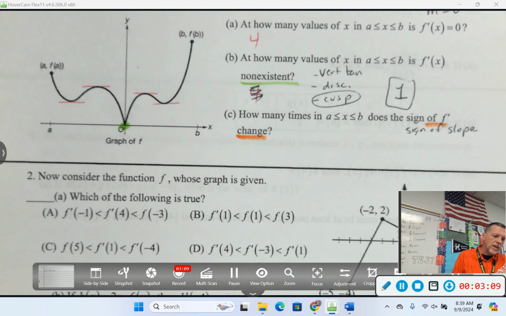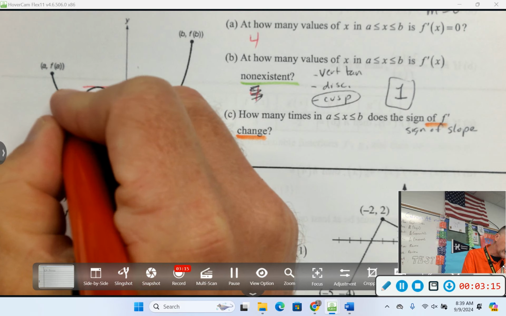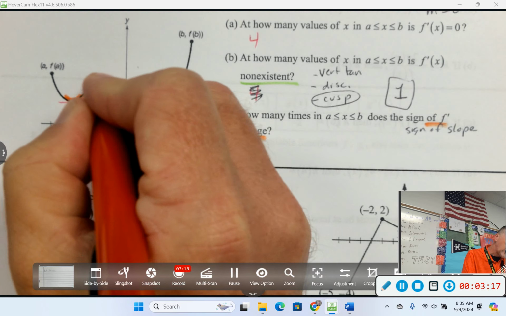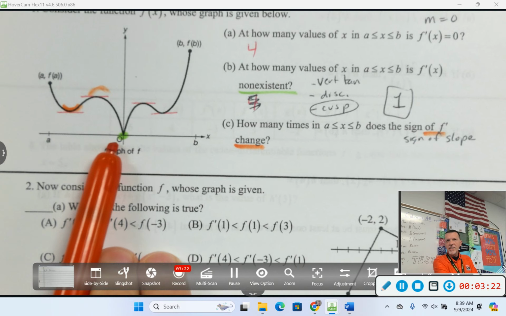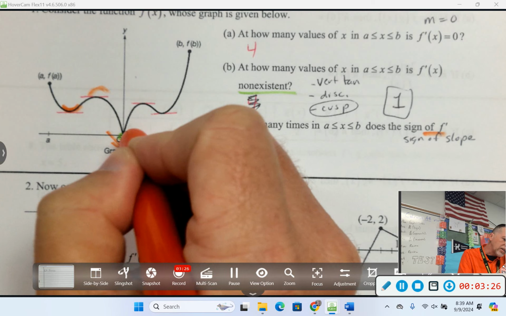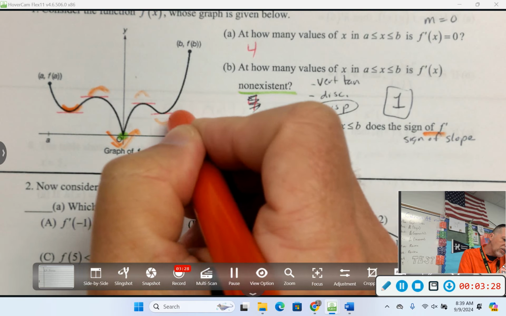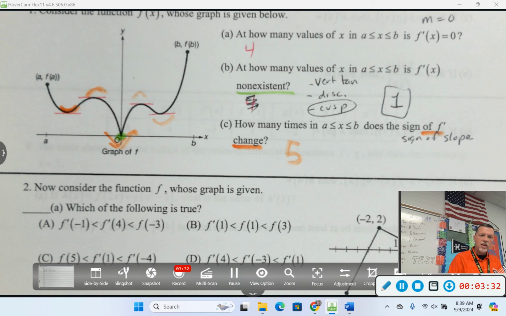Let's see. Well, it starts negative and turns positive right there. Positive to negative right there. Derivative is undefined at the origin, but it still changes from negative to positive. And then a change and a change. So I think we got 5 sign changes.